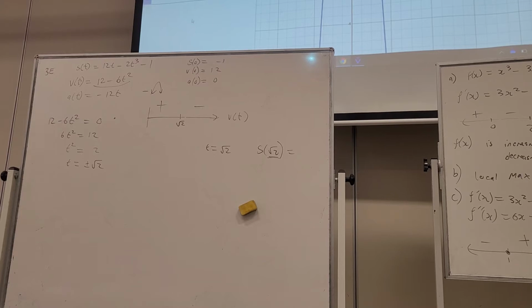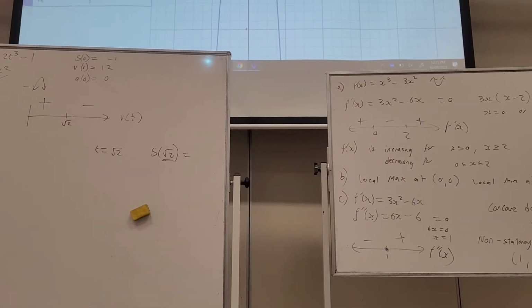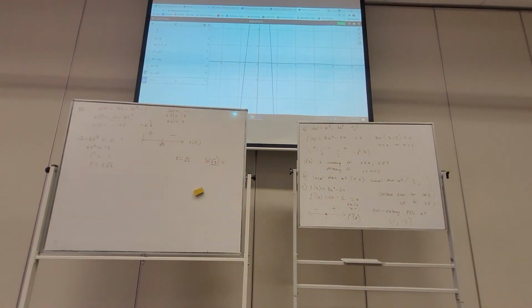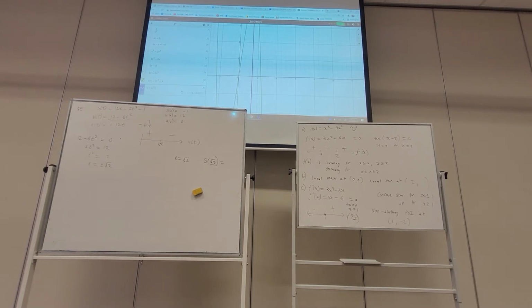So to do that, I'm just going to use the calculator here. So that's going to be 12x take 2x to the 3 take 1. And I want to know what's the y value when x is the square root of 2.